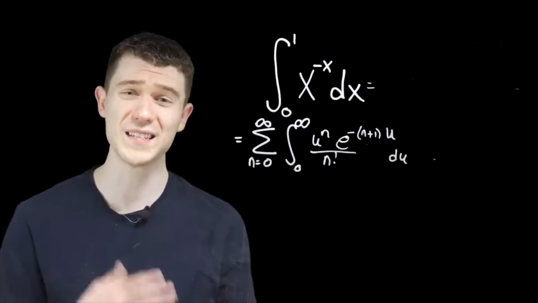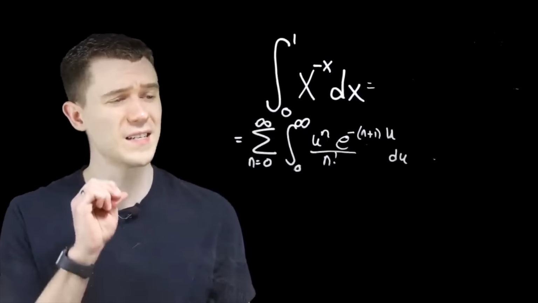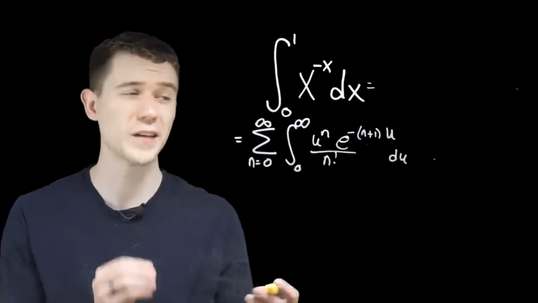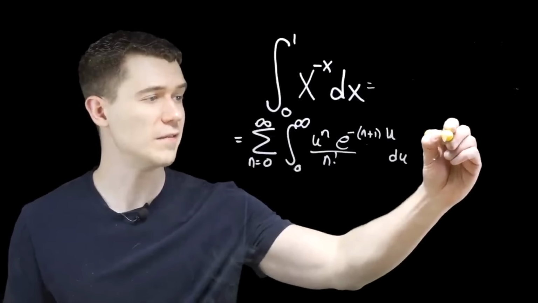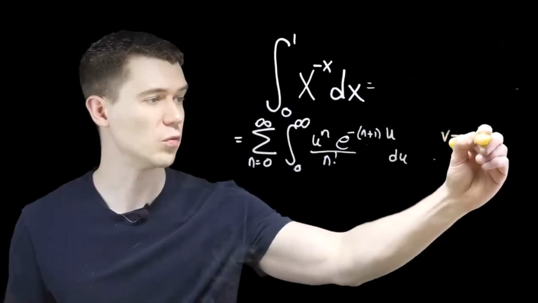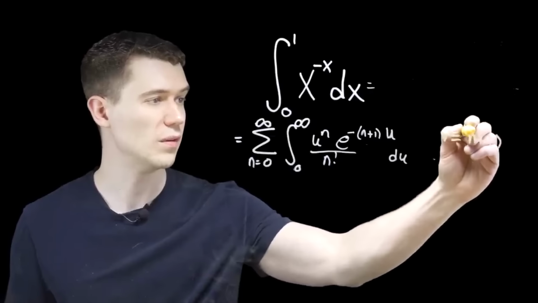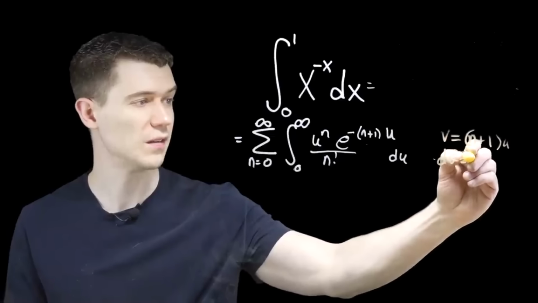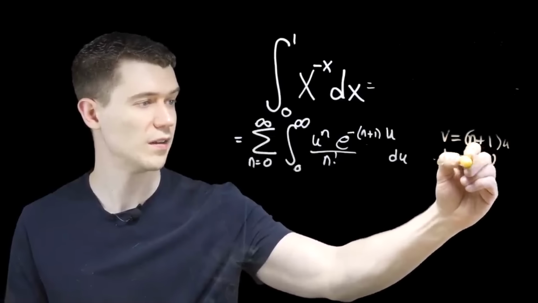So we're getting somewhere. There is this slight nuance of the n plus 1. I think let's make another quick substitution. Let's let v be n plus 1 times u, so that dv equals n plus 1 du.